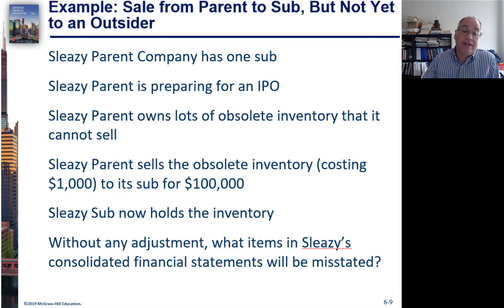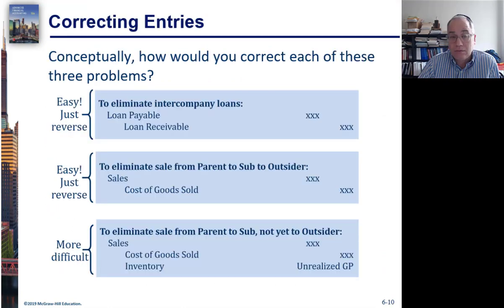Now the inventory is sitting on the sub for $100,000 and they consolidate the whole thing. Then you would have $100,000 in illegitimate sales, $99,000 in illegitimate gross profit, and you have an asset on the books for $100,000 that's only worth $1,000. So if you don't adjust for that, then your financial statements will be misstated and not in accordance with GAAP.